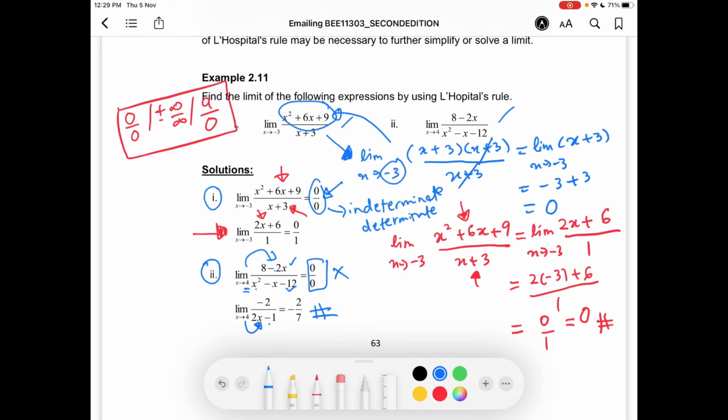Well, L'Hopital's rule, my tip is, during the test, you can apply L'Hopital's rule to double check your answer when you need to answer the limit question using limit techniques. We have several techniques in limit, right?